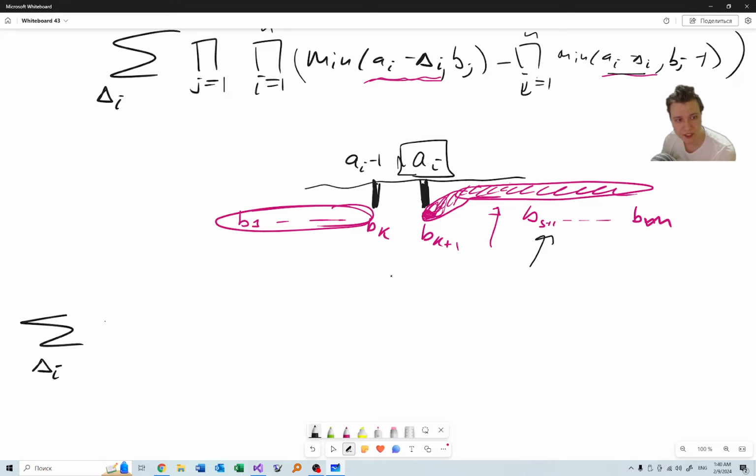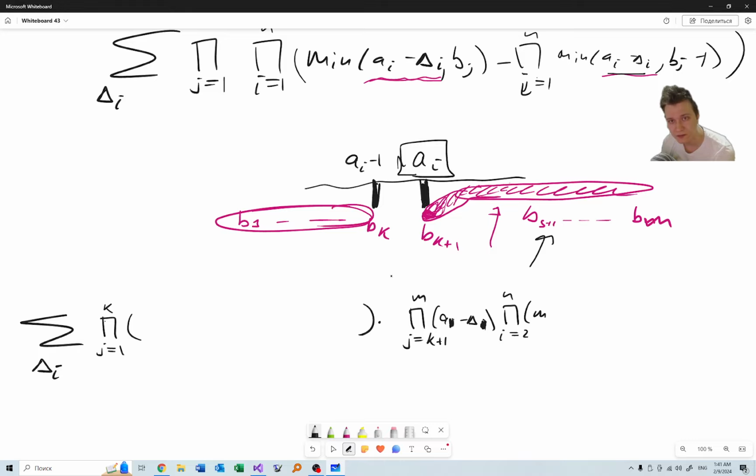So first of all, we have the product from j equals 1 to k of something times the product of j equals k plus 1 to m, and here we can move this ai minus delta i here, and then let's call it a1 minus delta 1, and then take the product from i equals 2 to n, minimum of ai minus delta i, bj, minus the product of the minimum of ai minus delta i, bj minus 1.